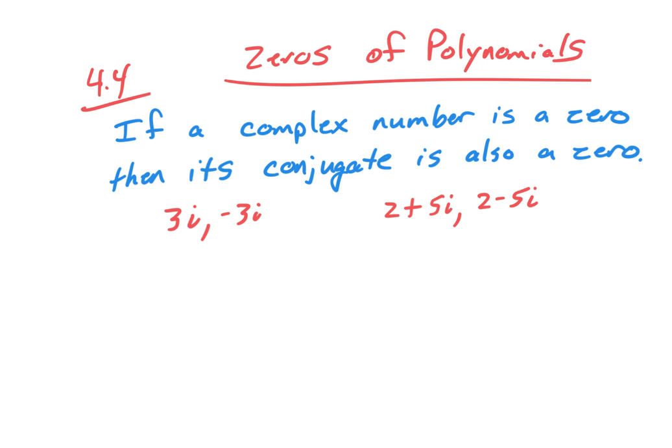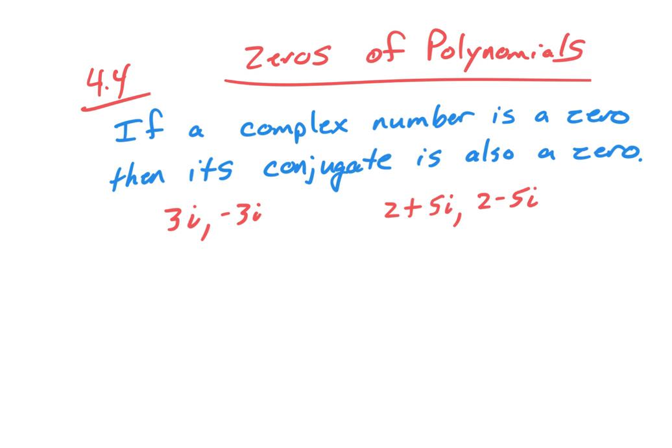So what we do is we change the sign. Remember, this one here doesn't have a real part in front of it. So when we talk about a complex number, it has a real part and an imaginary part. So the real part here is assumed to be 0. So this is 0 plus 3i, 0 minus 3i. But we don't really need to write the 0.